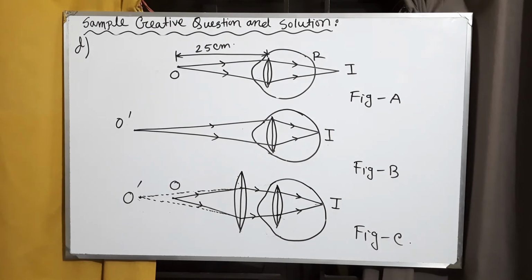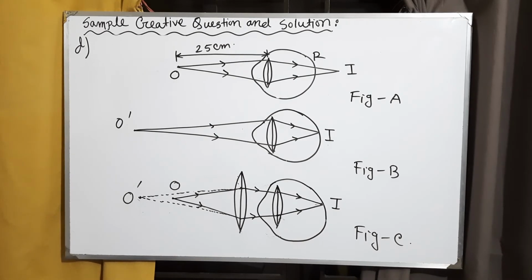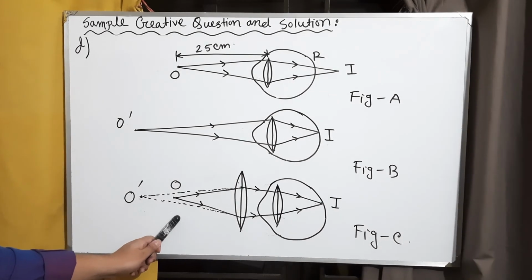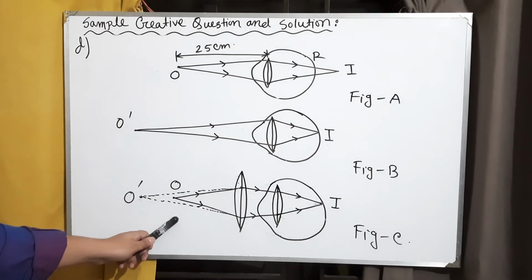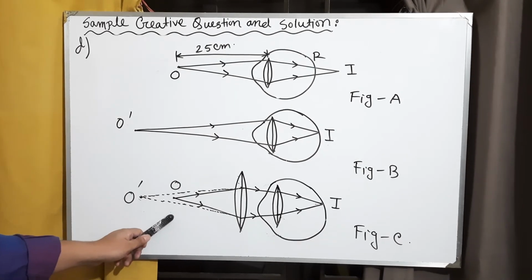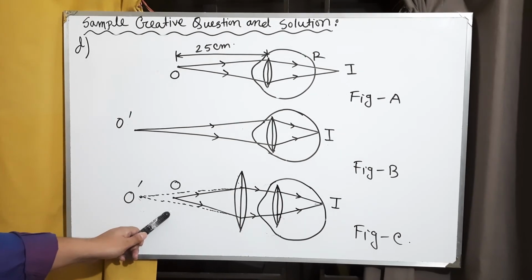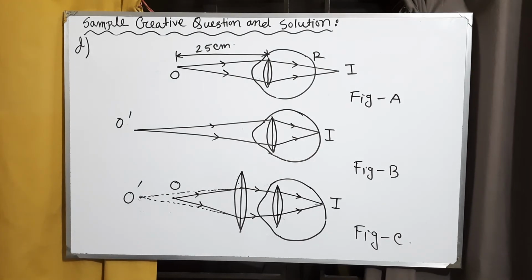A convex lens also can provide a virtual and erect image at a distance greater than that of the object. You see in figure C. For this reason, a convex lens of suitable focal length or power is used in this case as aid lens or spectacles in front of the eye.